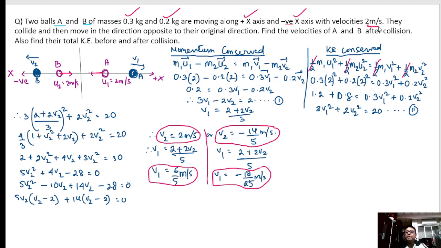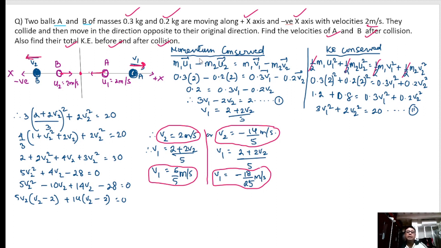Both velocities 2 meters per second. They collide here and they again move back after collision. So let this be V1 and this be V2 after collision. Find their total kinetic energy before and after collision. Okay, find the velocities with which they will return back.